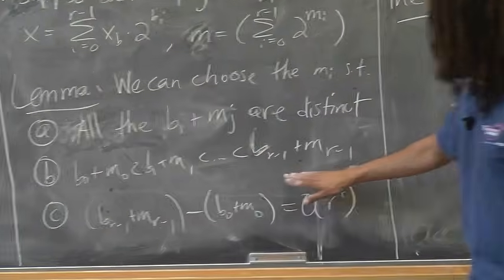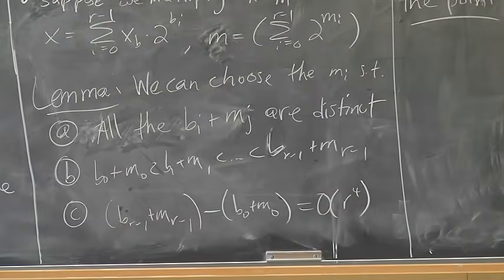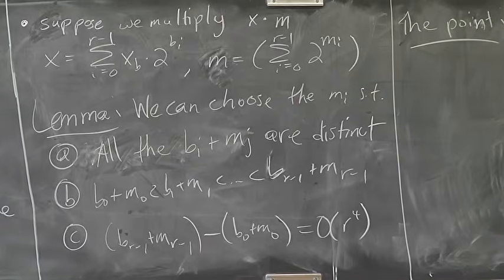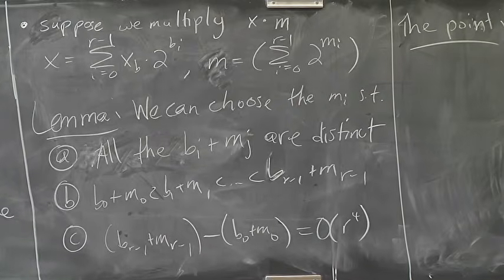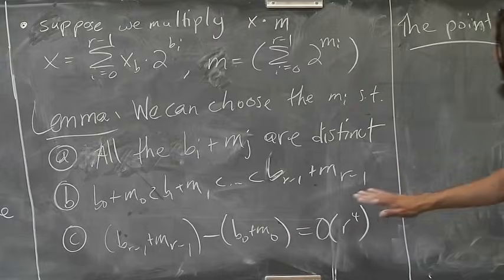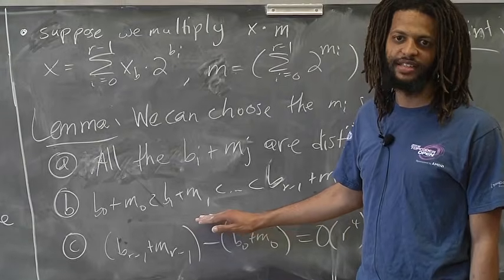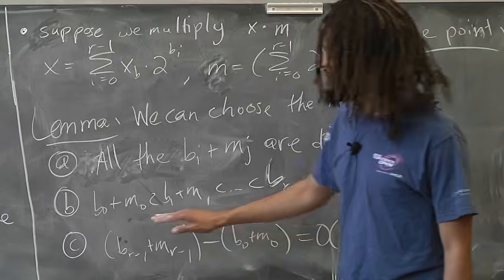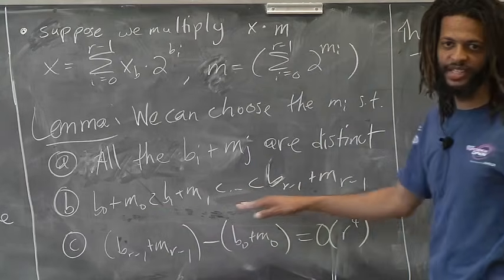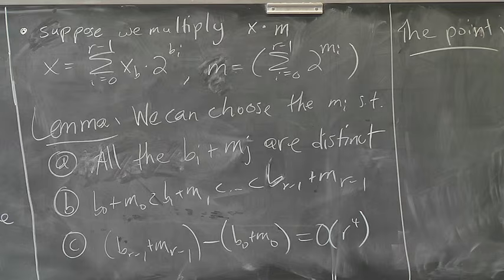And now, once this holds, basically what we're going to do is we're going to only use these R bits. Our sketch is basically going to be projecting onto these locations, B0 plus M0, B1 plus M1, etc. Okay? And we're going to mask out everything else.